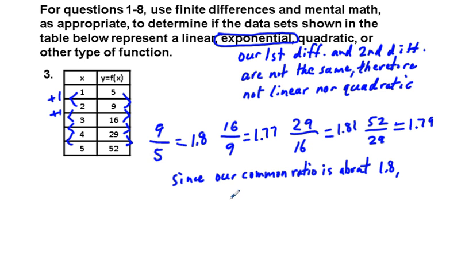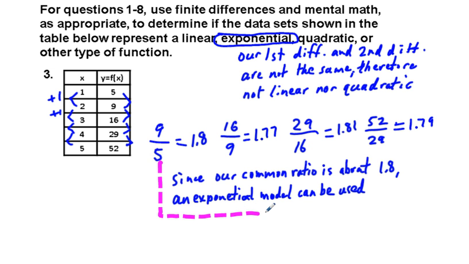I don't know if we could say that it's exponential. We say an exponential model could be used, right? So I would just put it that way, that it isn't exactly the same, but we can use an exponential model. That's pretty close.